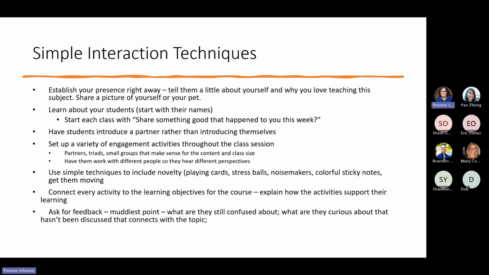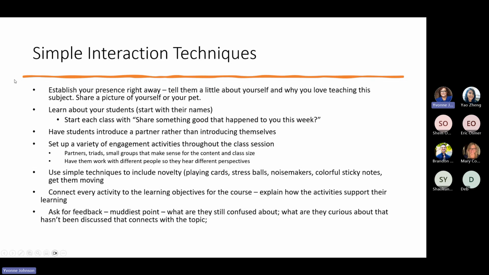So tying the different activities for interaction to the learning objectives, teaching objectives for the course, and to the students' personal life brings it all together. So they see, okay, I see these connections between what we're learning in class and what is happening outside.